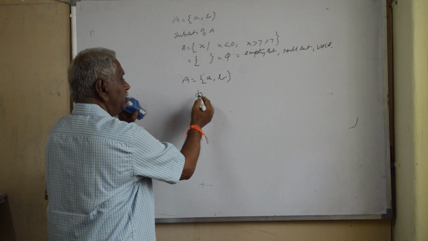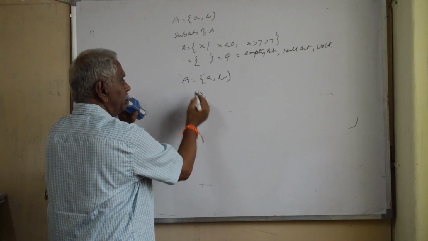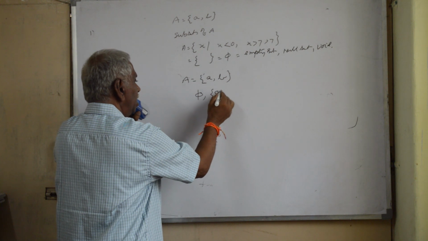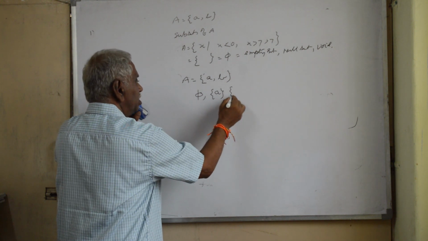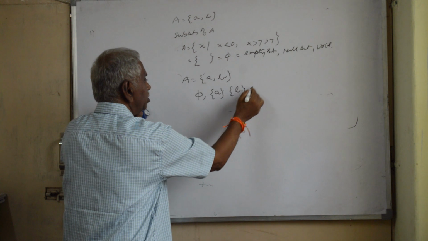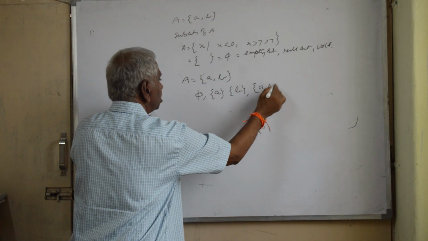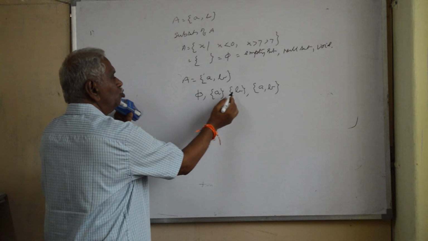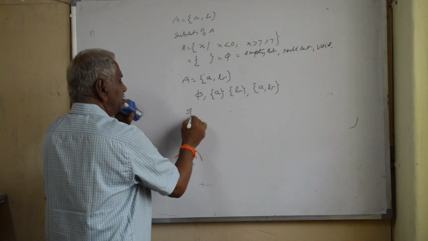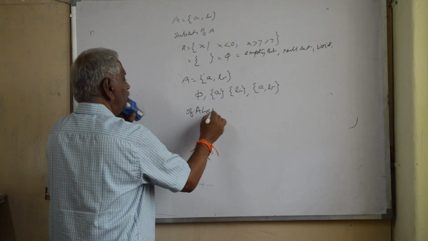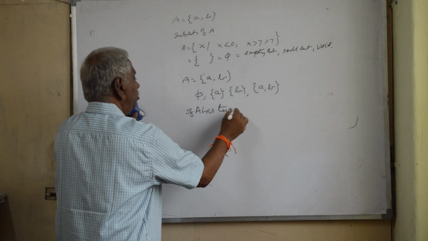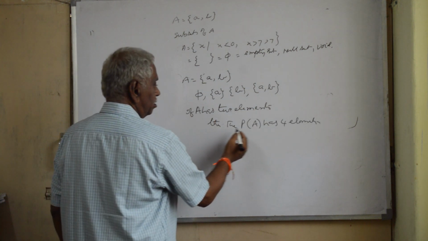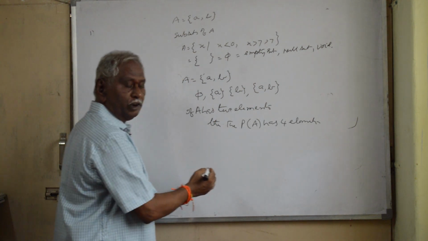Then {a} is a subset, {b} is also a subset, and then {a, b} is also a subset. So how many subsets are here? 1, 2, 3, 4. So if A has two elements, then the power set of A has 4 elements.